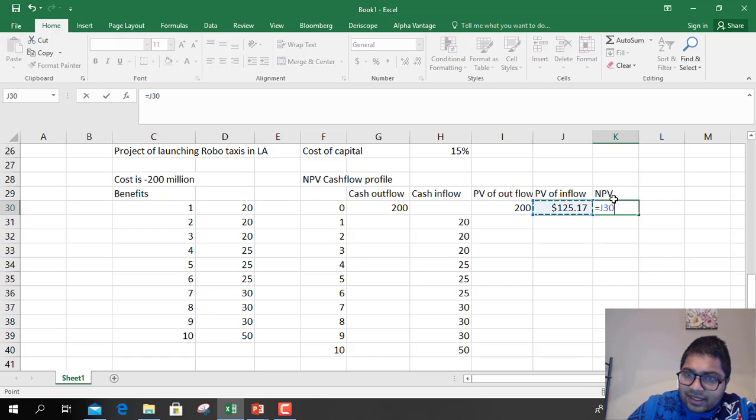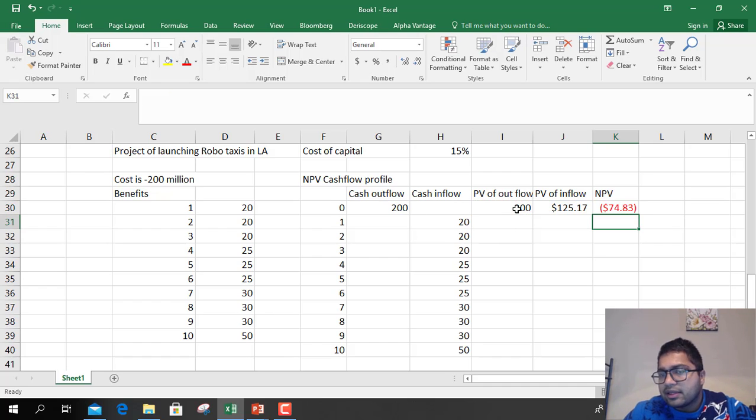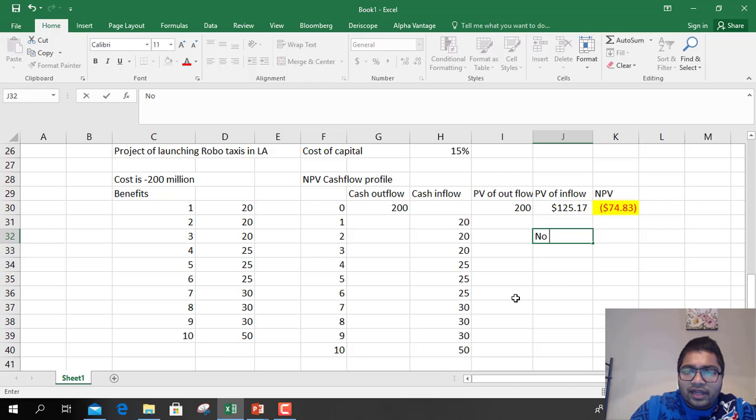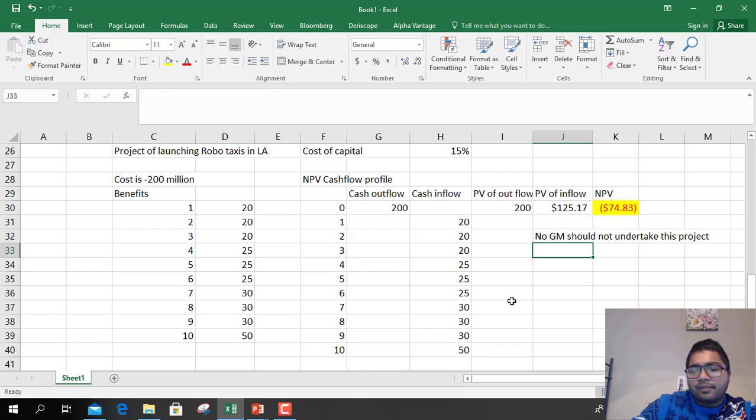NPV is the present value of benefits, that is inflows, minus the present value of cost. So NPV comes out to be negative. Should you accept this project? The answer is no. GM should not undertake this project, because NPV is negative.